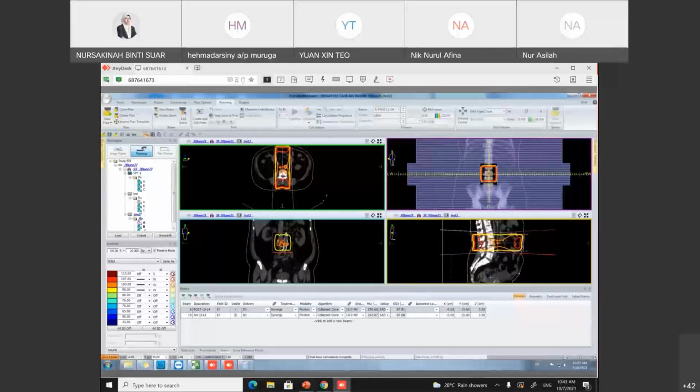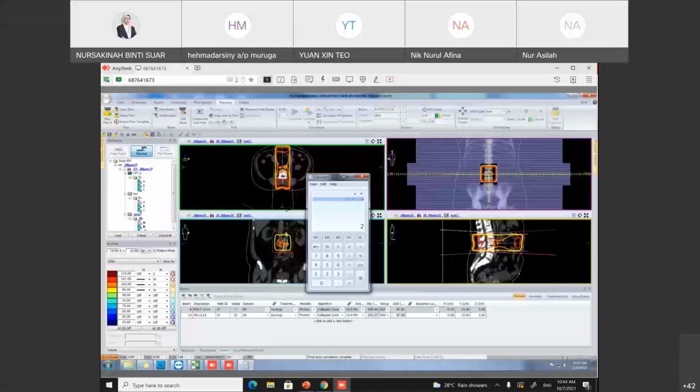As you can see here, the red color just now was quite a lot from anterior and posterior. So now the maximum dose is 22.426, which is actually 112%.